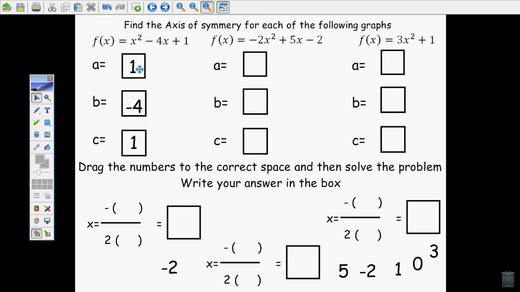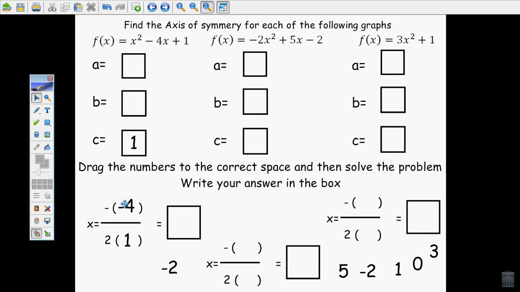Okay, so I'm just going to take, because I've already figured out a, b, and c up here, I'm just going to take them down. So this is supposed to be -b. Since b was -4, I brought it down. And then this is supposed to be 2 times a. And so we'll bring the a down. I don't really need the c for this one, for the axis of symmetry, but it's still good to make sure I know what all 3 of them are.